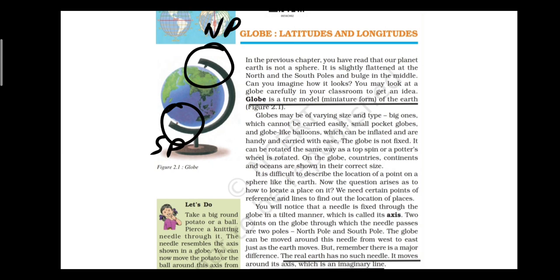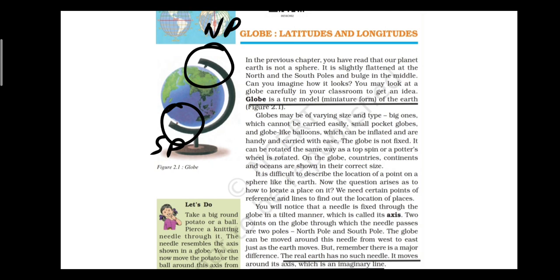So the globe can be rotated easily from west to east, just as the Earth moves from west to east on its axis. But the difference between globe and Earth is that Earth has no such needle. Earth has axis, but that is an imaginary line. No such needle or no such lines are drawn on the Earth.